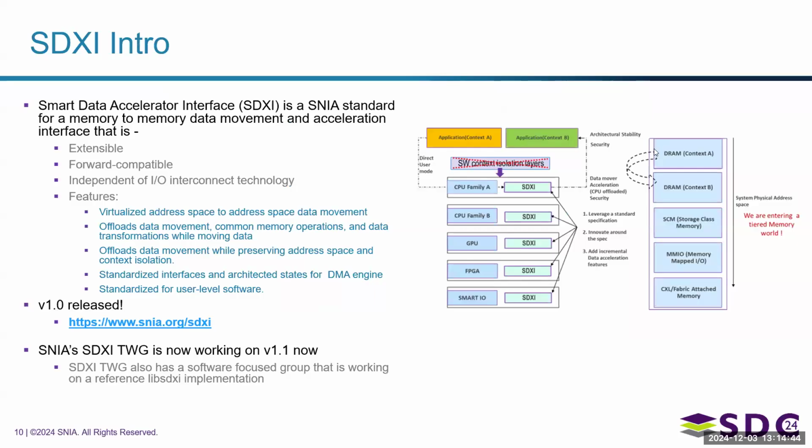So with some of these use cases in mind, we started this standard in SNIA, and the working group has been meeting for more than 4 years now. It's an extensible standard, also meant to be forward compatible, but the key thing this group will find interesting is that it's independent of the IO interconnect technology.